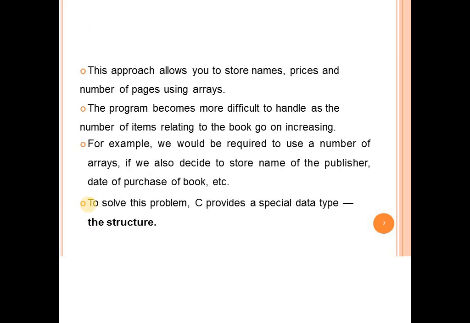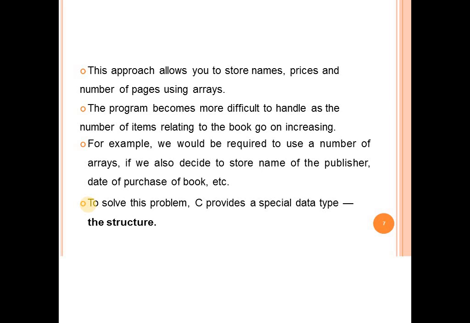Okay, see then what happens in this approach. This approach allows you to store names, price and number of pages using 3 different arrays. One will be for name, one for prices, and one for number of pages. So the program becomes more difficult to handle as the number of items relating to the book go on increasing. So what exactly do items mean? Attributes. If I want to store book information, we would be required to use a number of arrays.